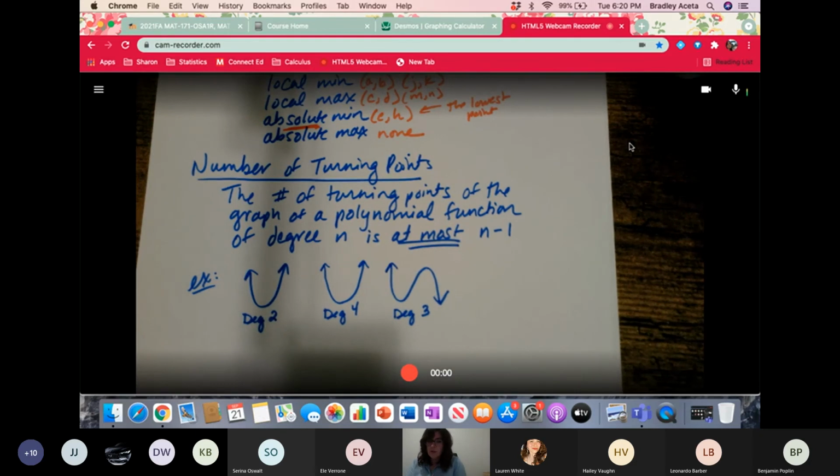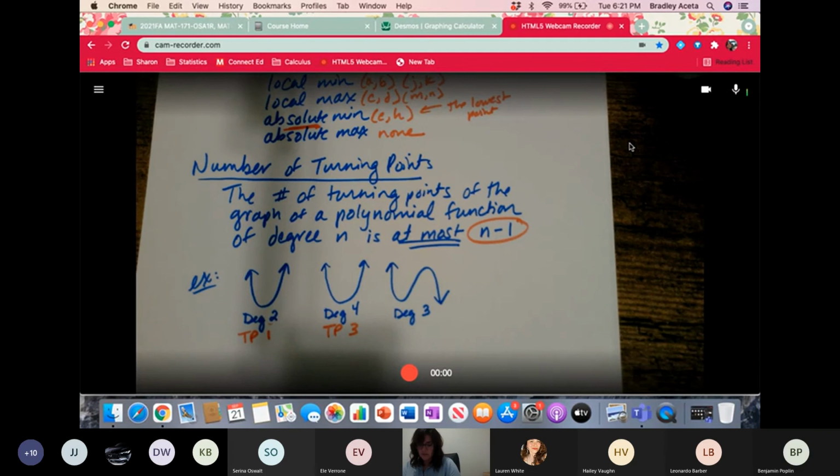The question will be something like, what's the most amount of turning points it can have? All you do is 2 minus 1. So the most that a degree 2 could have is 1. A quadratic can only have 1 turning point. It can only change from increasing to decreasing 1 time. A degree 4 polynomial can have at most 4 minus 1, or 3 turning points.